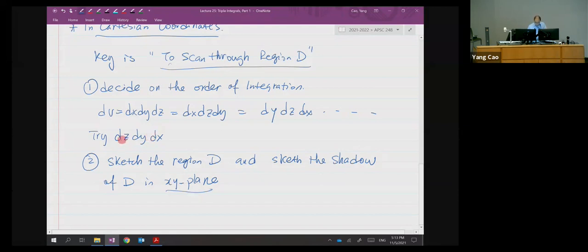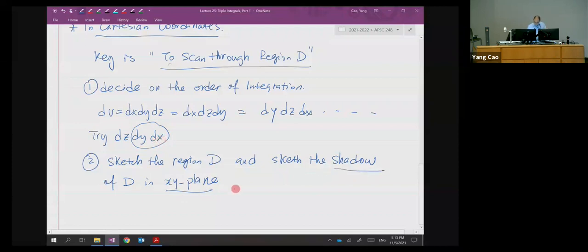Recall that here we're going to try dz, dy, dx, so you're going to find the z limit and then the y and x limits. The shadow will give me the y and x limits.